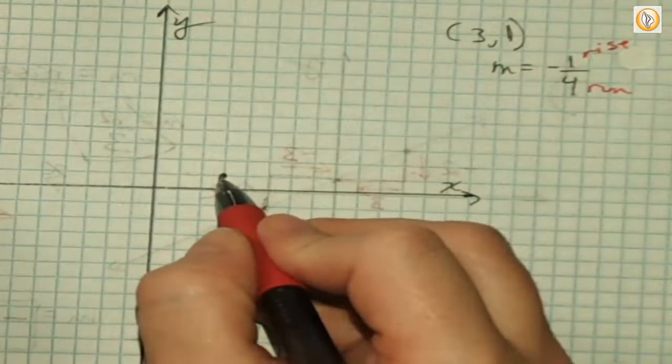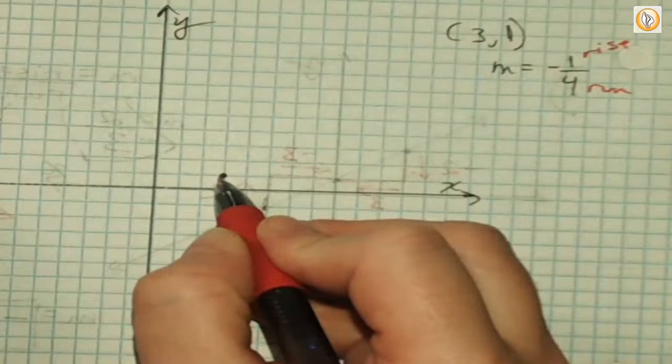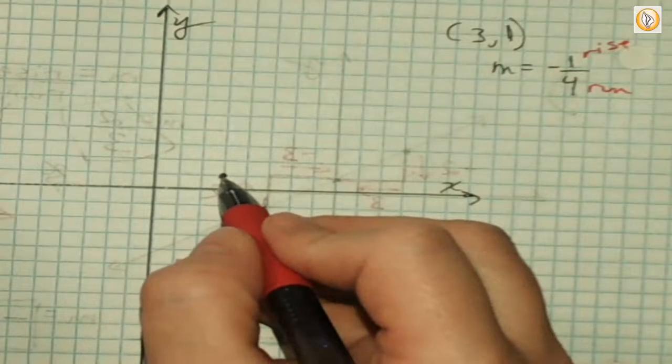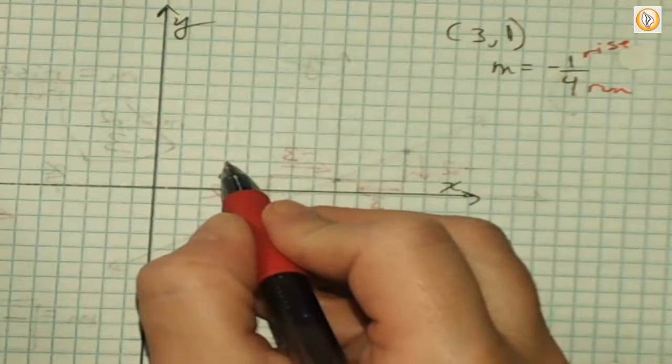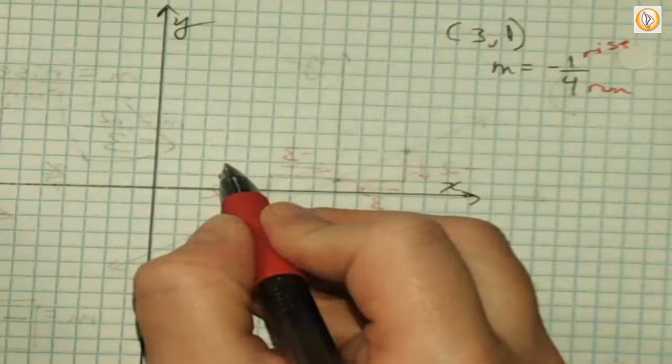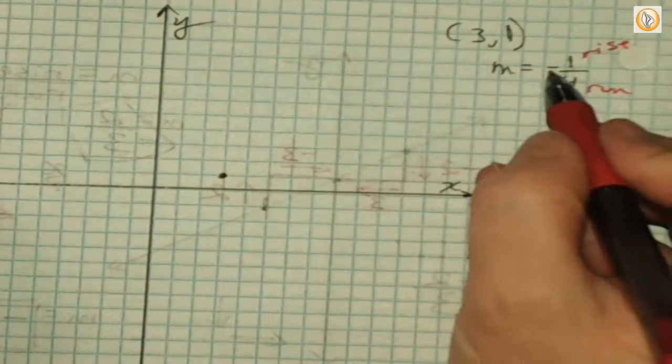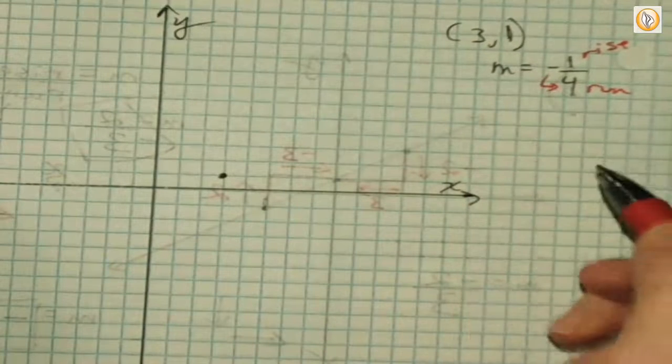So where do I go with my rise? I start at this point. Cecilia, what do I do? Do I go up or down? I go up. How many places? And then left or right? Okay, so she's going to take this negative and apply it to the 4.